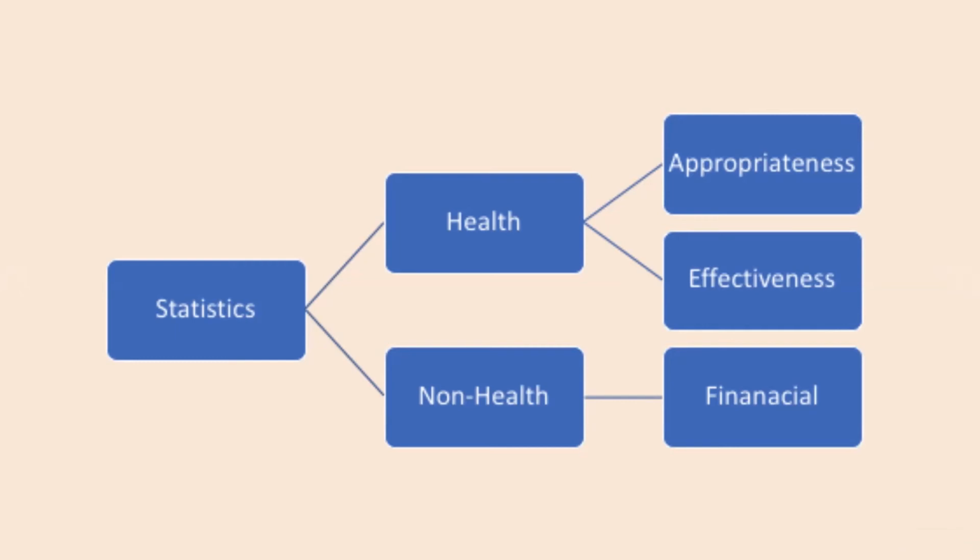And then there are two things you can go into, non-health and health in statistics, and I think health statistics is basically biostatistics. When you go that route, instead of going into non-health, like insurance companies or financial, Anthem, Cigna, you can go into the healthcare field, where most of your work is looking at appropriateness or effectiveness.